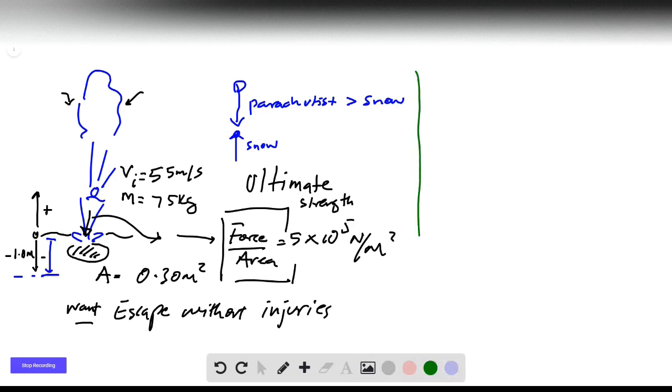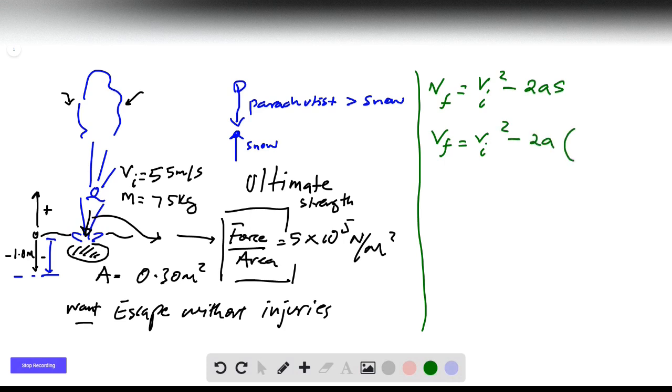The first thing we want to do is compute the acceleration of the parachutist. According to the equations of motion, V final squared equals V initial squared minus 2a s, and we can expand this to V initial squared minus 2a (s minus s naught).